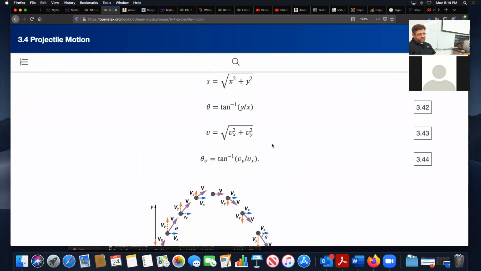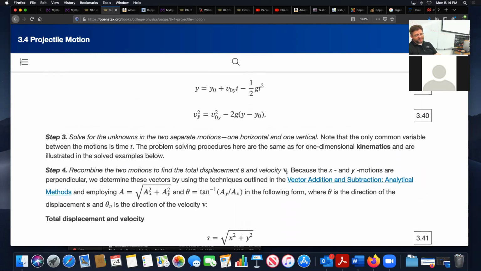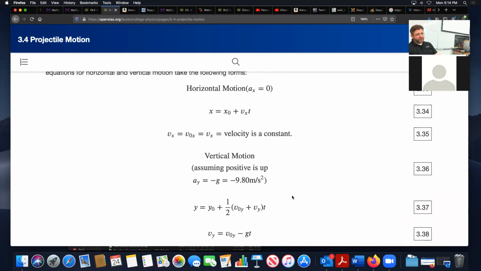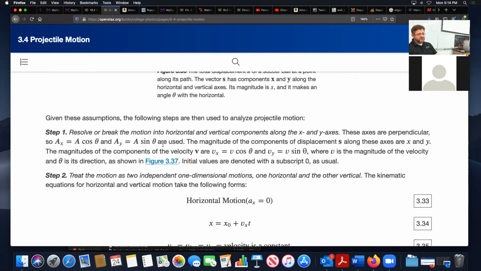So you go about these problems in a very similar way to other kinematic problems that we did in the last chapter, except that you have to start by breaking these things down into vertical and horizontal components. So you start off with these vectors. You start off with an initial velocity vector that's maybe upward and to the right.